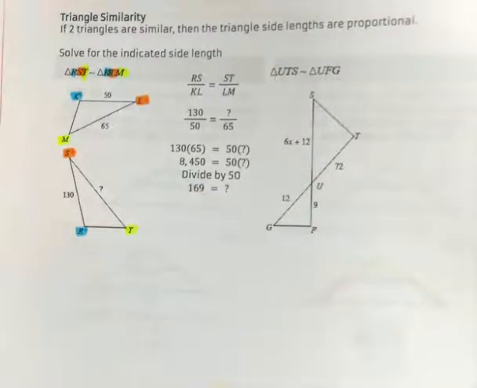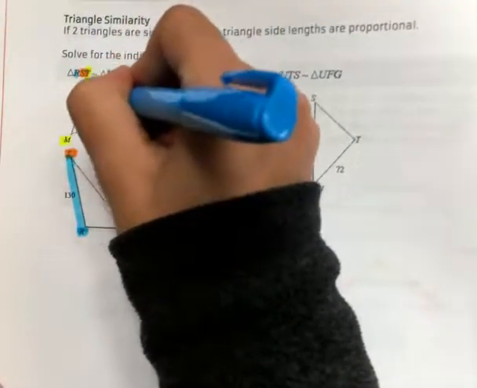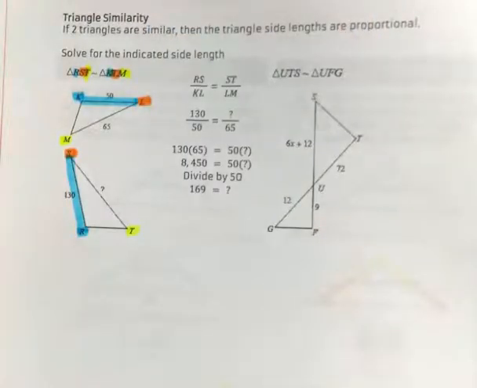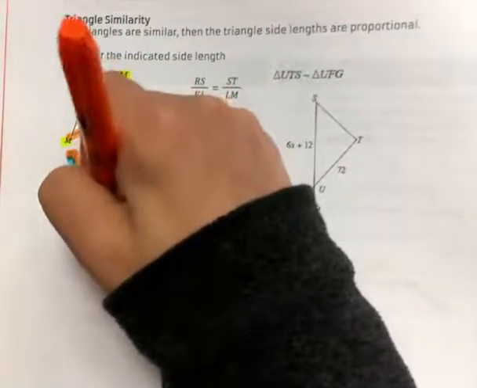Okay, so now if I follow the pattern, if I go blue to orange, so blue to orange, blue to orange, and then I go orange to yellow, so orange to yellow, and orange to yellow.